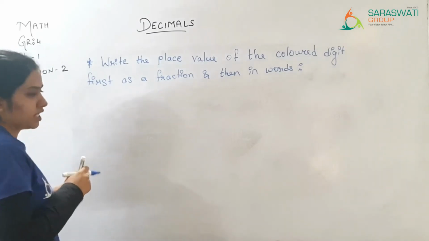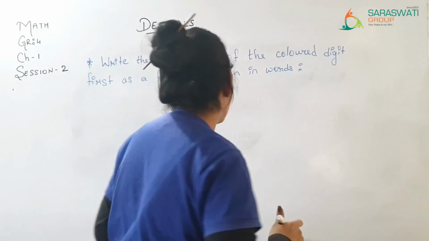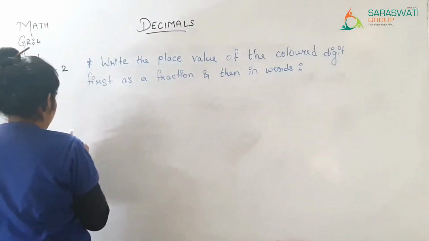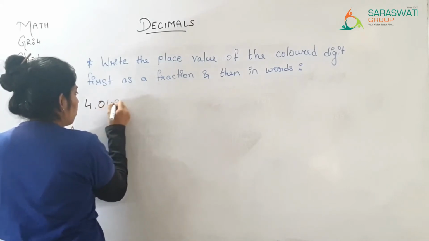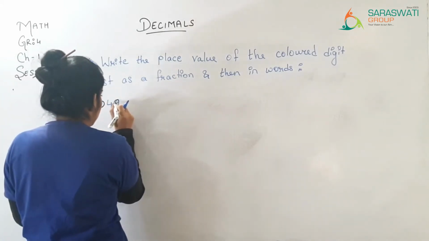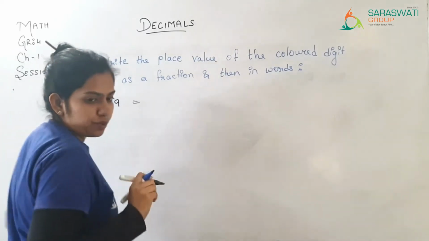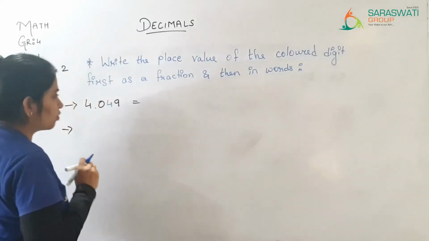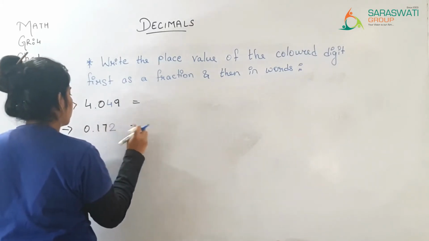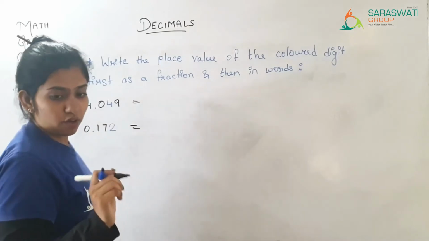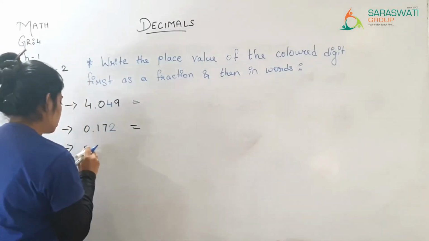Now here I am writing a value 4.049. Now the next is 0.172. Now 8.122.